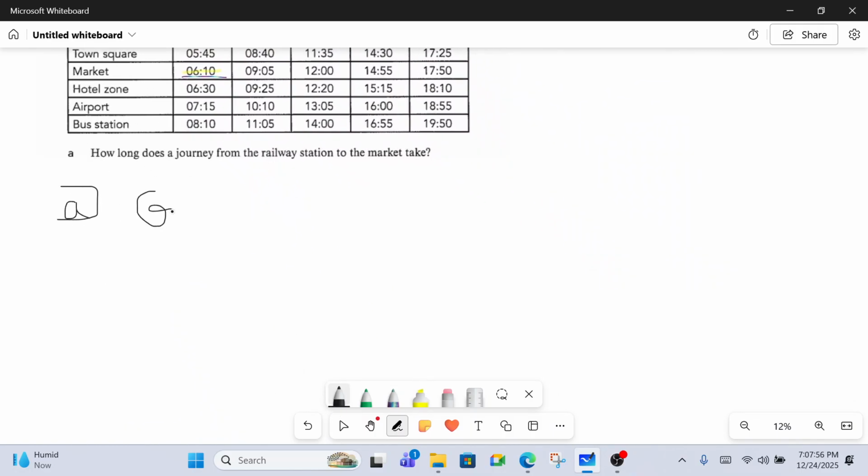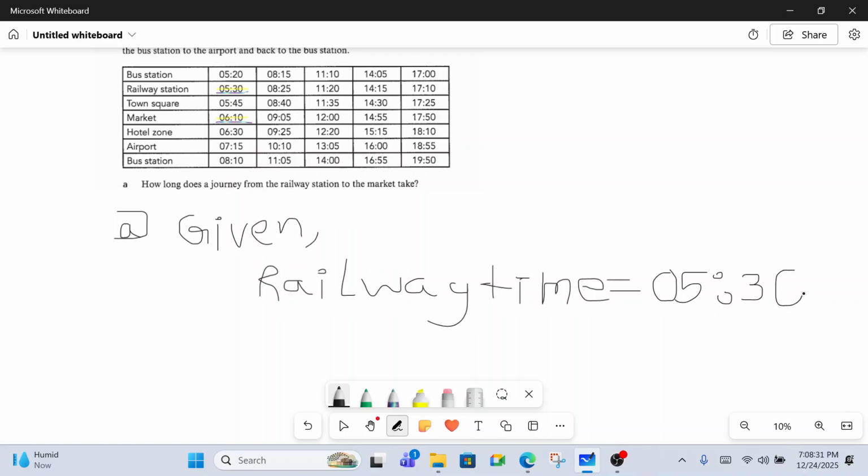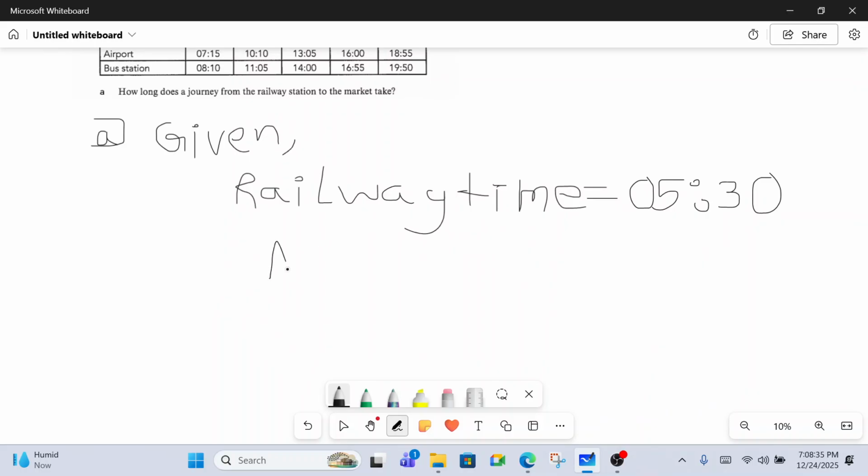So, given railway time equals 05:30, and market time 06:10.